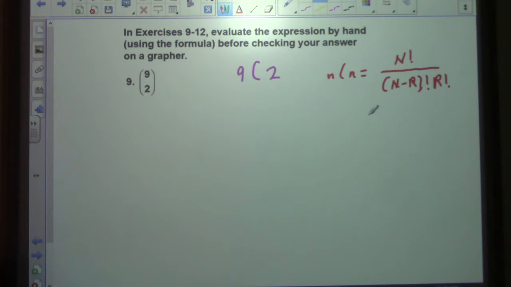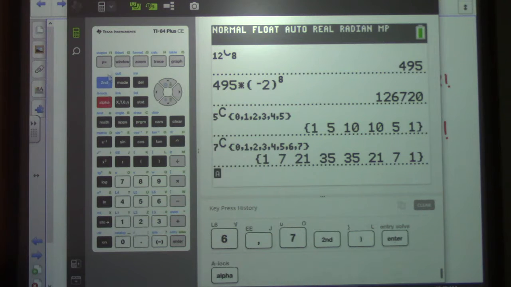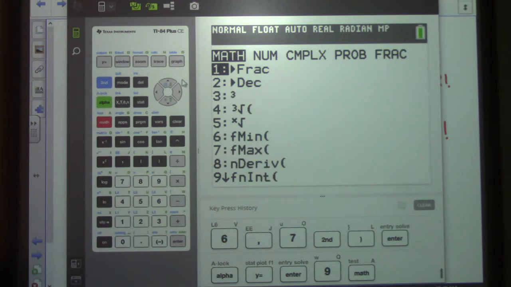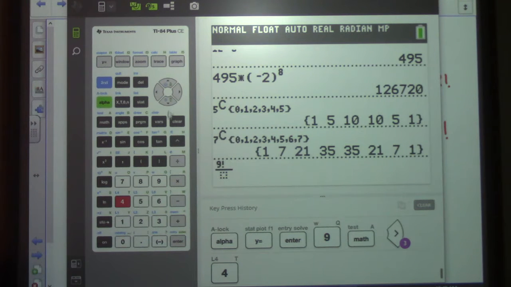So for n choose r, we're going to put 9 factorial over 9 minus 2 factorial times 2 factorial. And I'll show you where you get that. What I'm going to do is get my fraction first and put 9. So you go to 9, math, and you come over here to probability, and you get 4. So there's your 9 factorial.